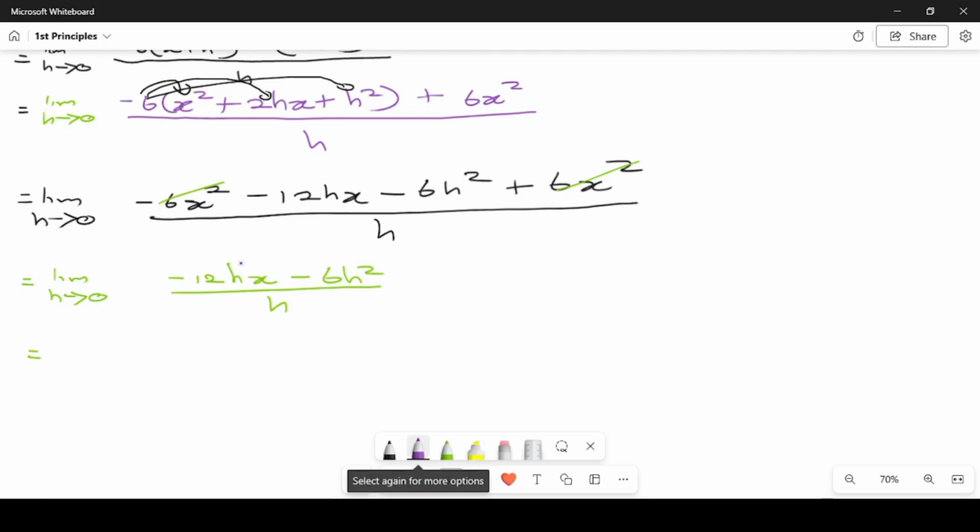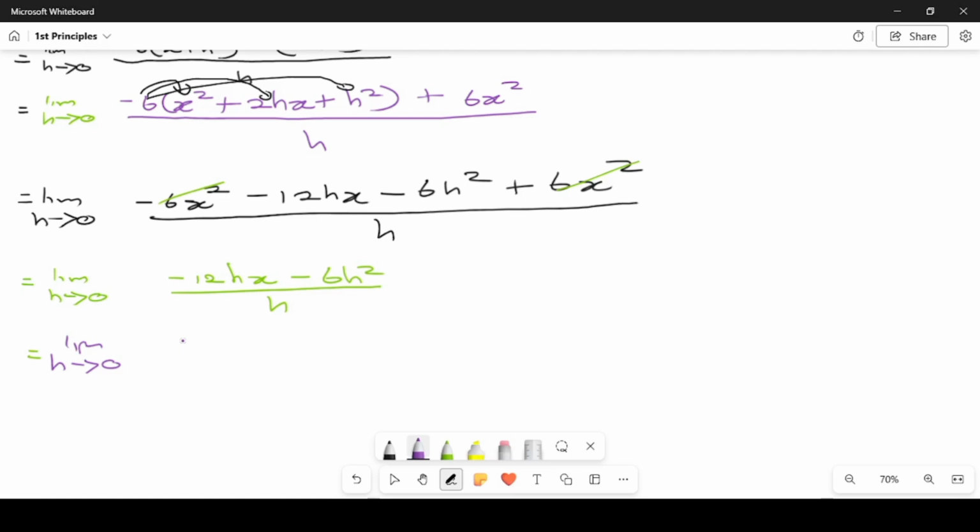So now we have lim h approaches 0. Now we're factoring out h. You can see on the bottom we have positive h, so you also want to factor out positive h on top. What we have here is minus 12x minus 6h. Remember, it's being squared, so we're going to take out only one h from there.